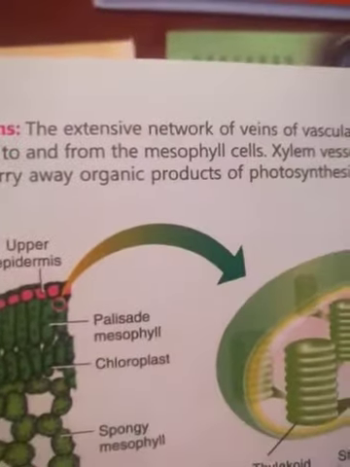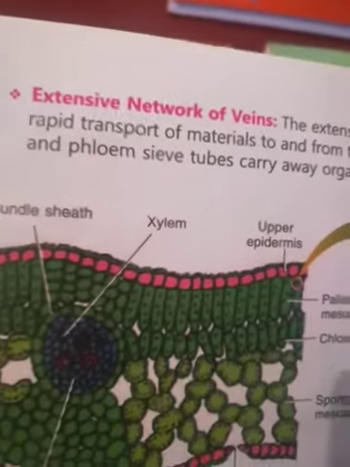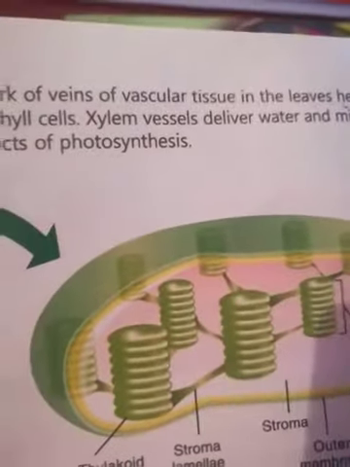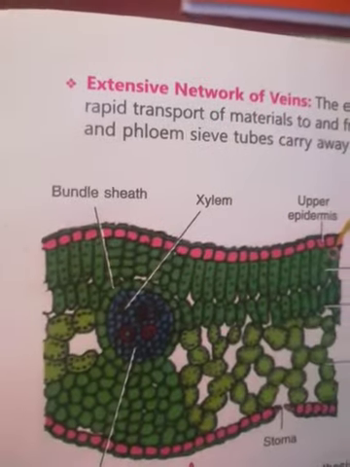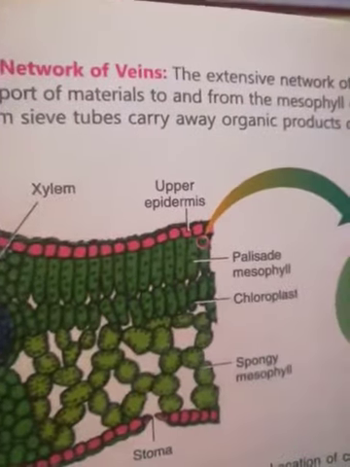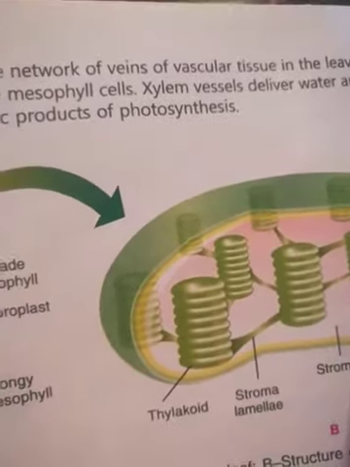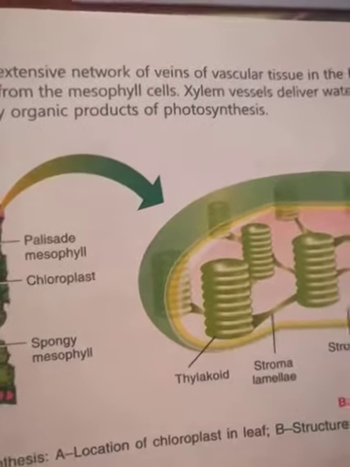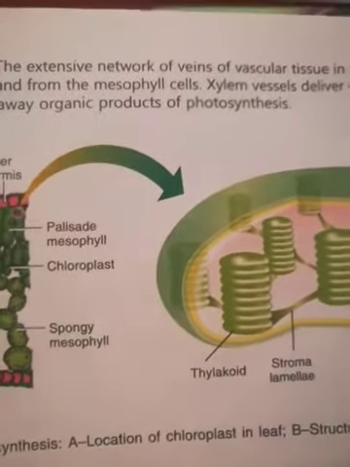The extensive network of veins in the leaves helps in the rapid transport of materials to and from the mesophyll cells. Xylem vessels deliver water and mineral salts, and phloem sieve tubes carry away organic products of photosynthesis. Here there are two complex tissues, xylem and phloem.